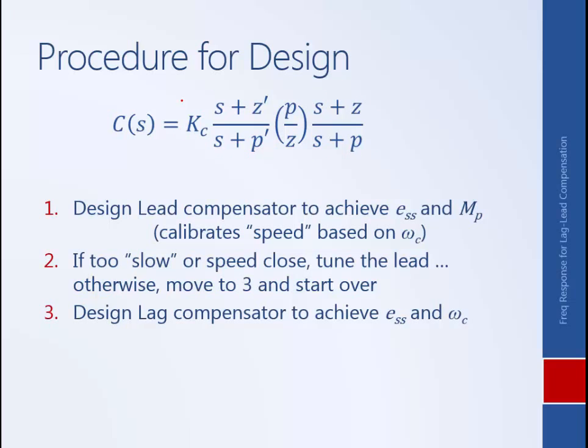When we do our lag-lead, we're going to start with the lag compensator. We're going to design it to achieve 2 out of our 3 requirements. We're going to design it to achieve a certain steady state error, based on the DC gain. And we're going to try to achieve a certain gain crossover frequency, and we're going to calibrate it based on our experience from step 1.